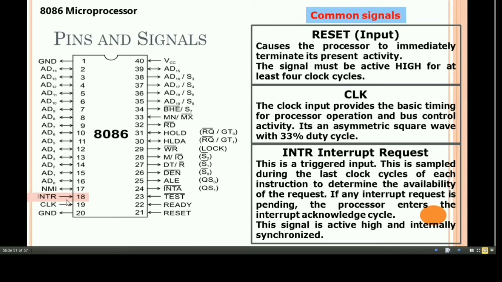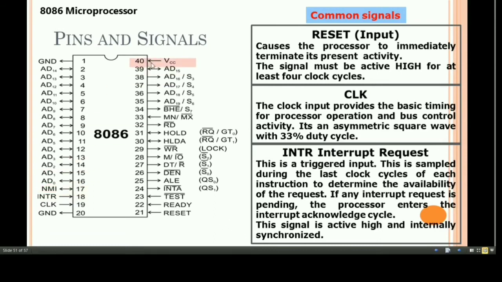If any interrupt request is pending, then the processor enters the interrupt acknowledge cycle. This signal is active high and internally synchronized. So this is pin number 18, INTR.